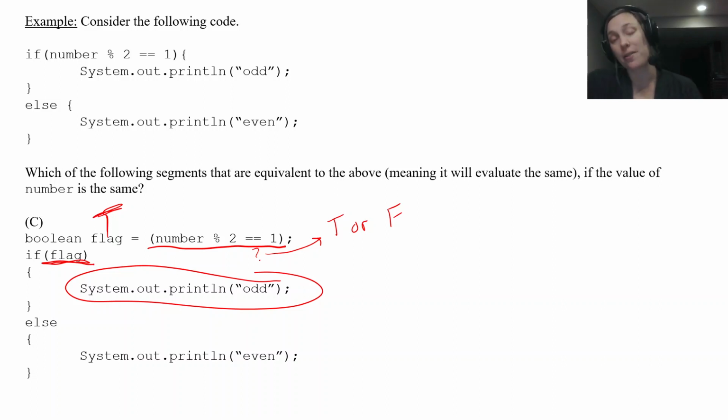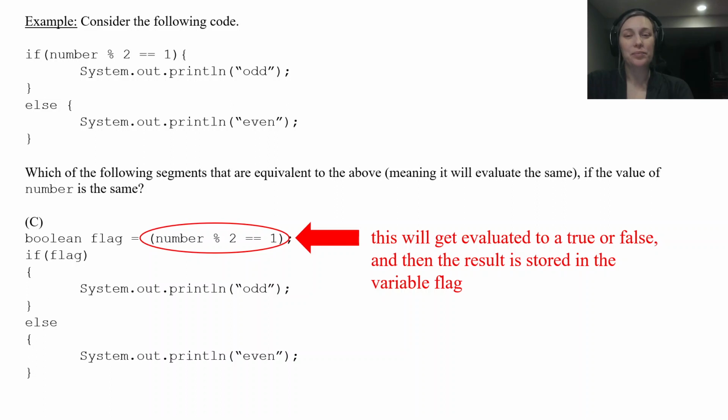Else, print even. It's the same thing as the code above. It's just using Booleans now instead. And we'll use Booleans a bit more in the next couple lessons, lessons 3, 4, and 5. So this is your little introduction into it. Again, it gets evaluated to true or false, the result is stored in the variable flag, and it is going to be equivalent to the code above.